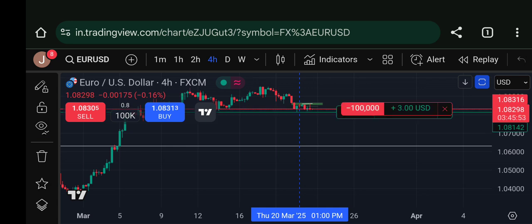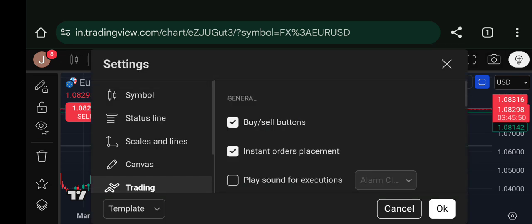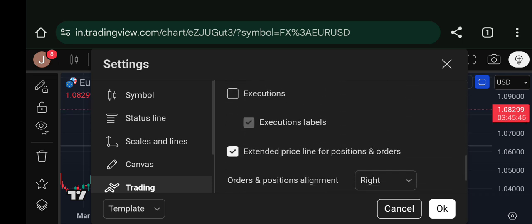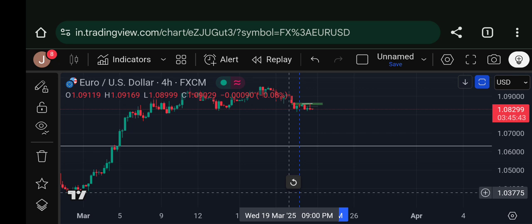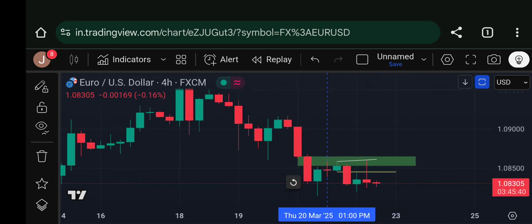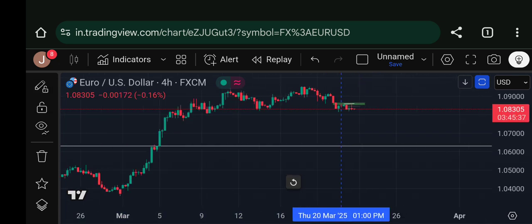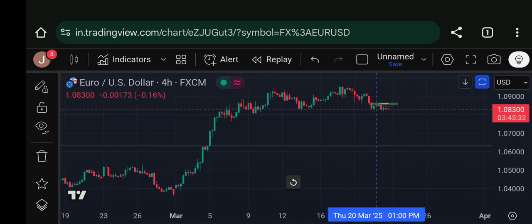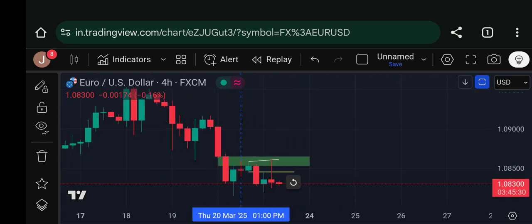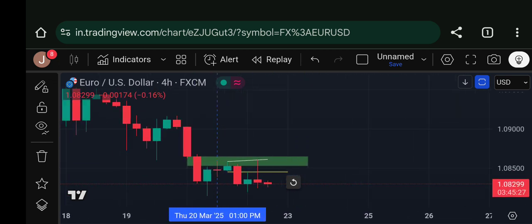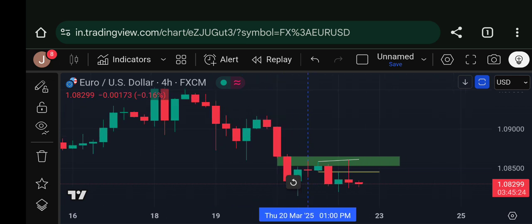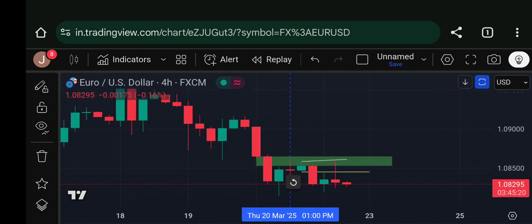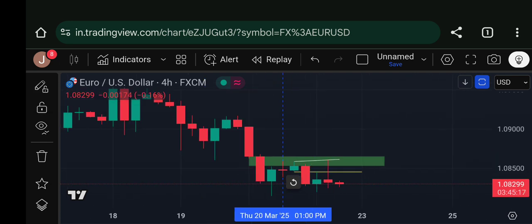On the 4-hour time frame, if we zoom in correctly, here we can see that this is our higher time frame DOL, draw on liquidity, guys, this 1.06303. And here we can see that on the 4-hour time frame there is a fair value gap which got disrespected, but there is a bigger fair value gap in which price entered.